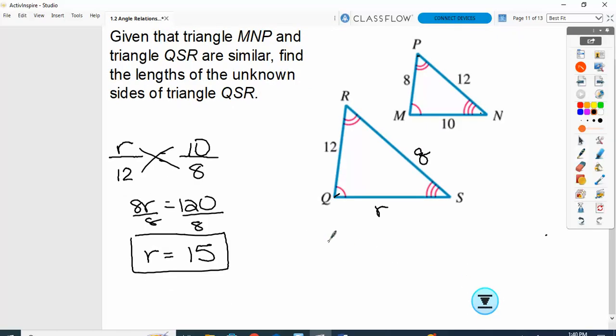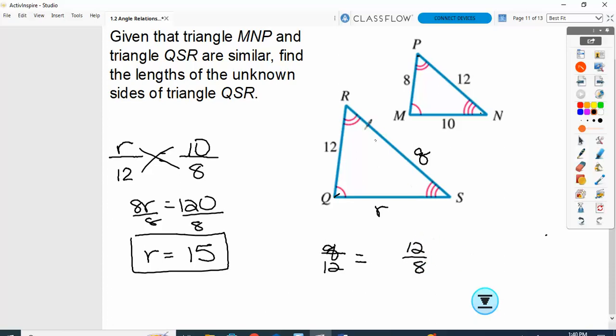Tell me a proportion that I could use. Q over 12 equals what?